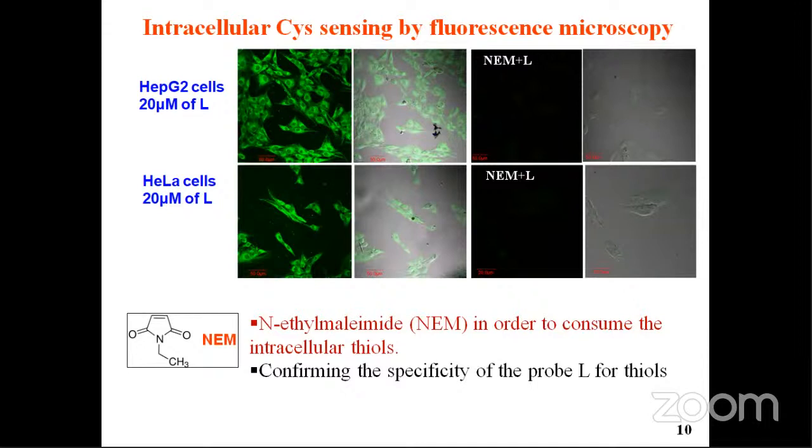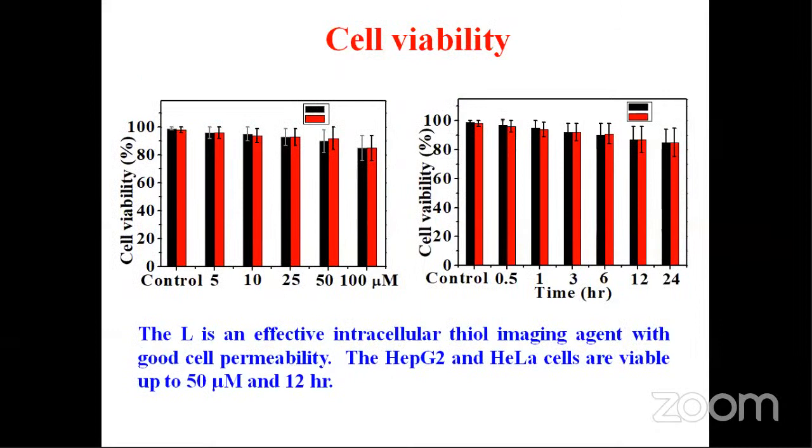...as a function of time as well as a function of concentration in both studies. So the molecule is an effective intracellular thiol imaging agent with good cell permeability, meaning it can enter the cell. In both cell lines, FZ2 and HeLa cells, both cancerous, the cells are viable up to 50 micromolar concentration and up to 12 hours.